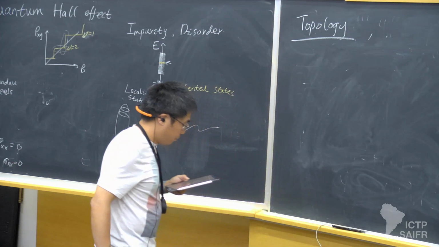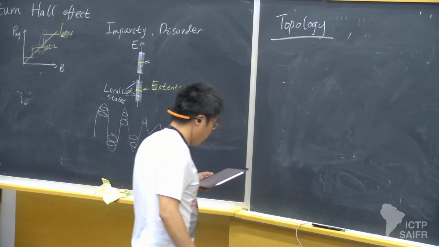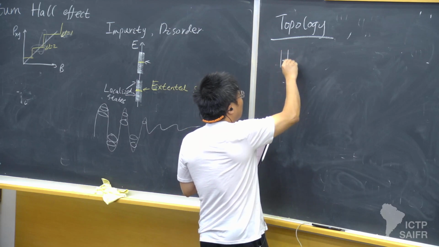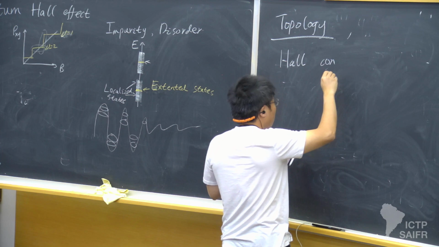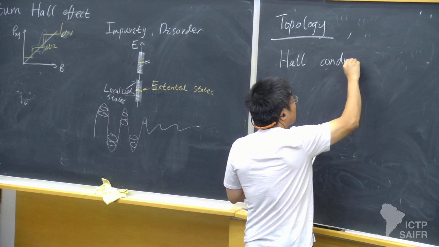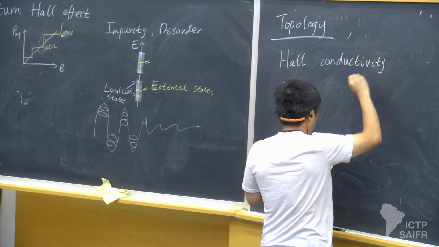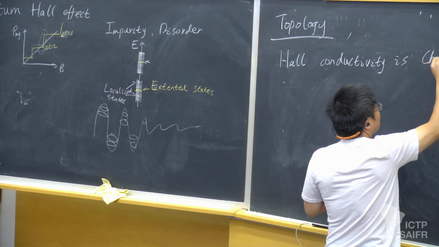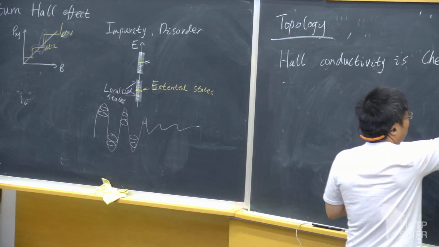Okay, so the punchline of this story is that the Hall conductivity is the Chern number. The Chern number is a topological invariant.